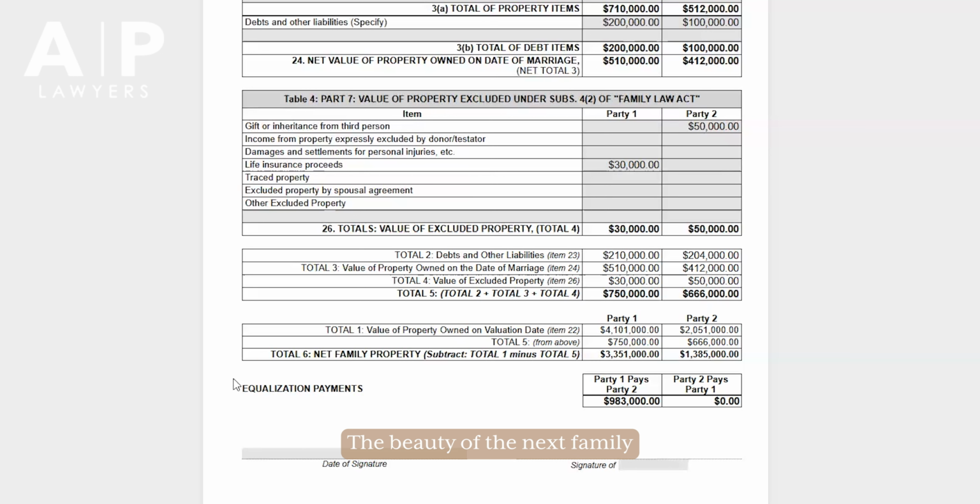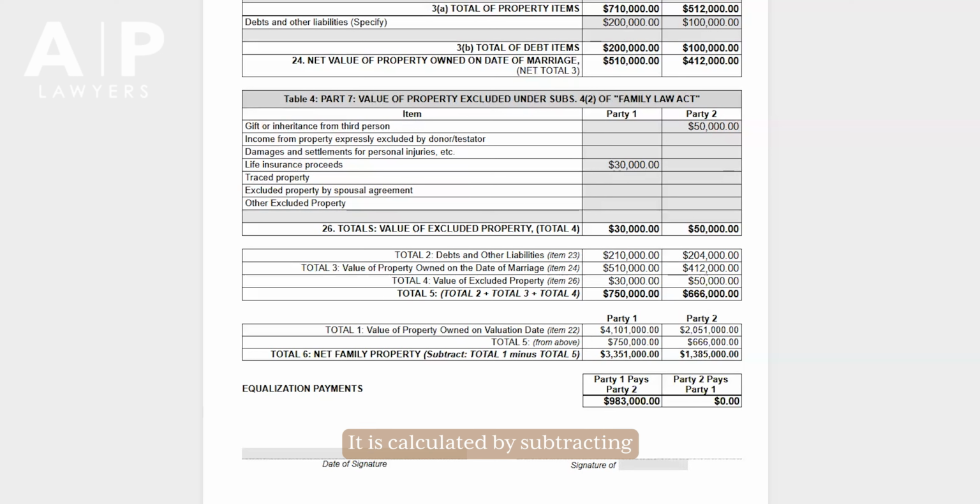The beauty of the net family property statement is it would let you know what amount is payable to the other, and this is the equalization payment. Party one here, being Aaron in this example, is going to owe an equalization payment of $983,000 to Anne. And how is this calculated?